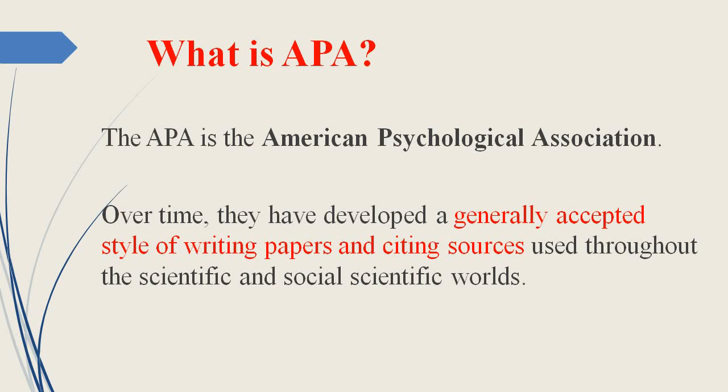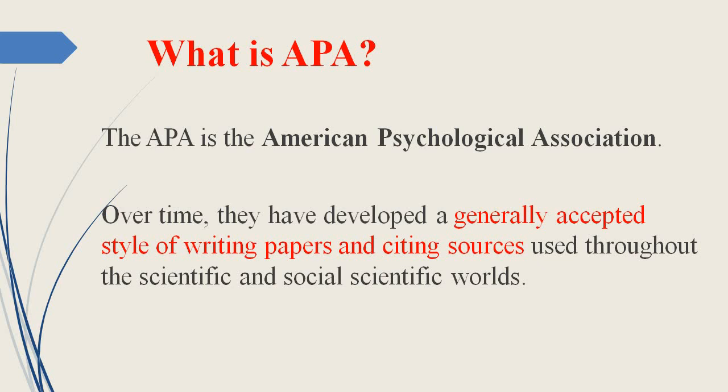Over time, they have developed a generally accepted style of writing papers and citing sources. That is why it is referred to as APA style, and it has been used throughout the scientific and social scientific worlds. That is why it is one of the most famous ways of writing references. So we are going to learn about this in today's session.